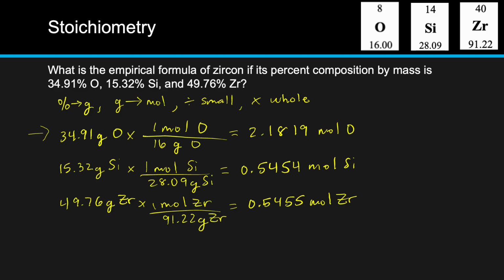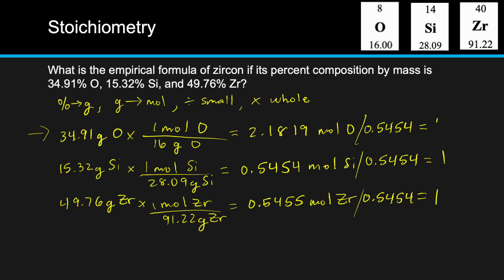So now the next step is to divide by small. Obviously the smallest is silicon and kind of zirconium. It's really close. So we're going to divide all of these by 0.5454. Obviously it's going to be 1 for these.